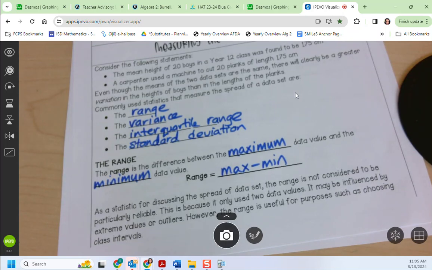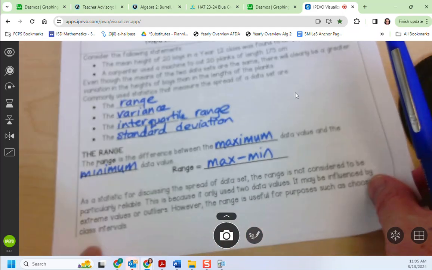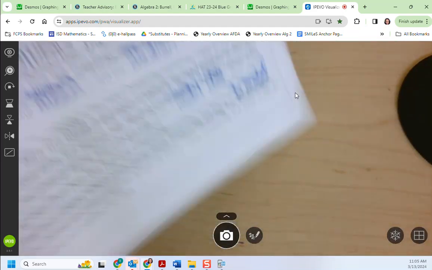As a statistic for discussing the spread of a data set, the range is not considered particularly reliable because it only uses 2 data values and it can be influenced by extreme values or outliers. However, it can be useful in choosing your class intervals when you're making your histogram.